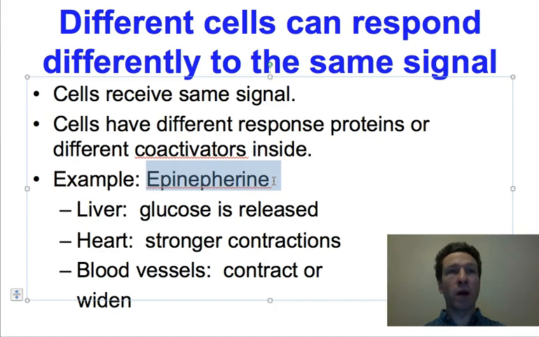And the body will want to shut down some processes that are less important at the moment. All of these are included in the fight or flight response. So the flight or fight response is when your body says, something's wrong, I either need to get out of here quickly, or I need to tackle the situation at hand.